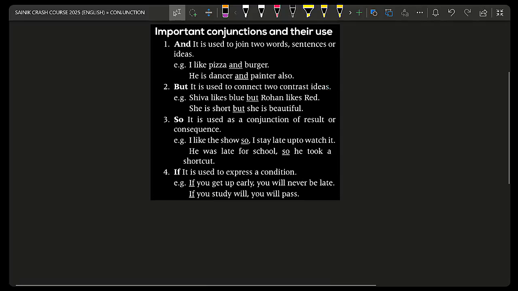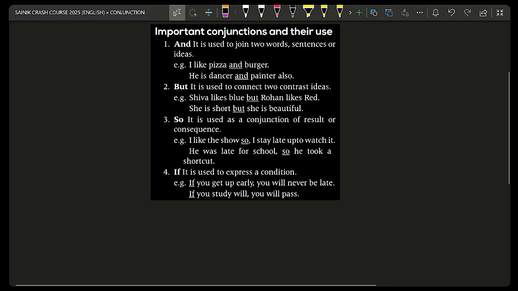Manaswini, any doubts? Sir, while using I like pizza and burger, can we use also? No, when you use also, I like pizza, if you stop that statement with a full stop and then use, I also like burger, you add it in a new statement, not in the same statement.